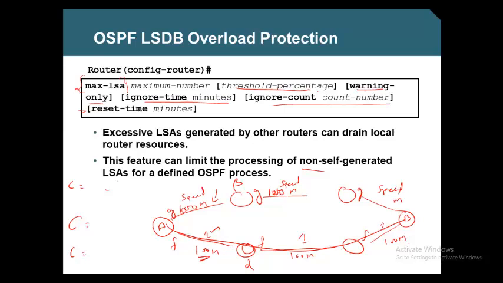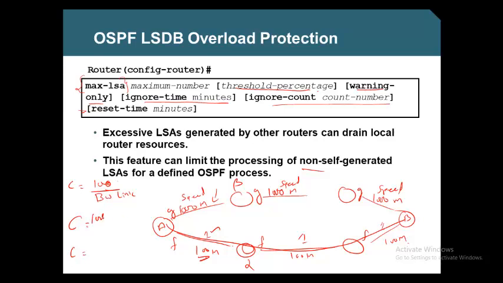Now let's go to the original formula. What is the original formula? Cost is equal to 100 by the actual bandwidth on the link. So let's see, 100 by 1000.